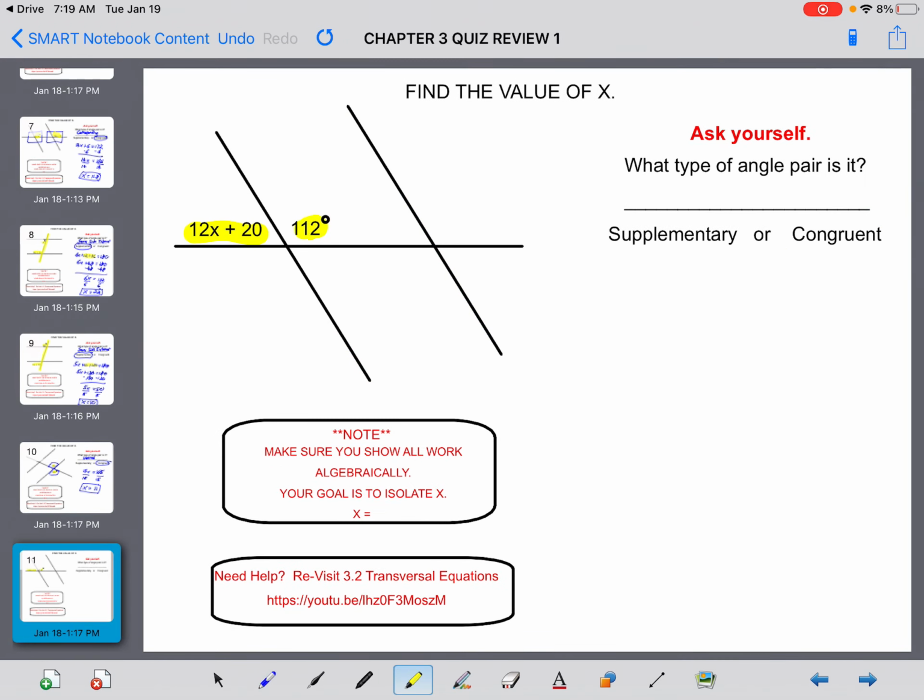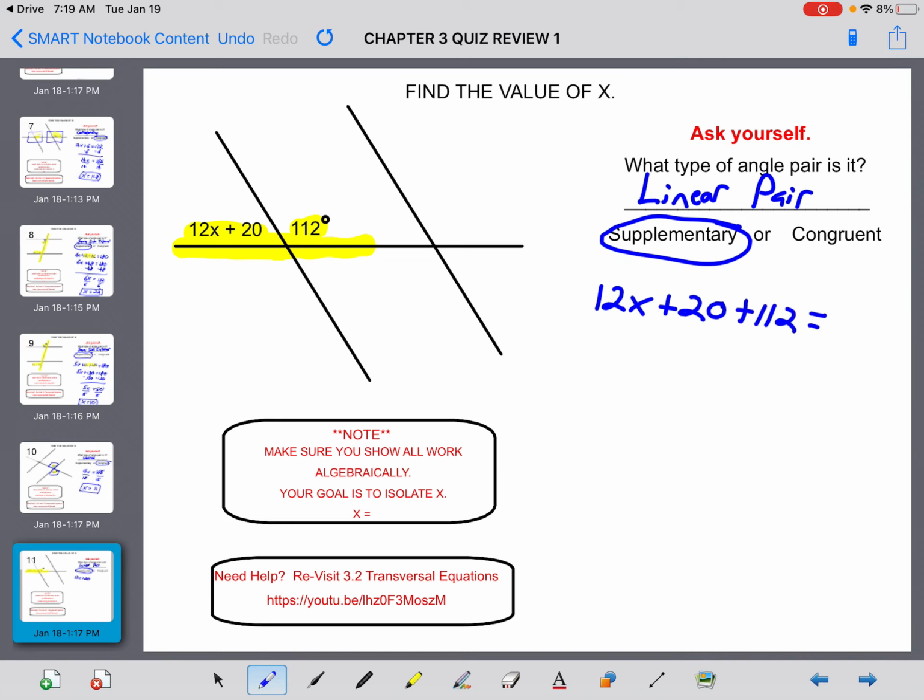And last, you have an exterior angle and an interior angle, and they create a straight line. This is a linear pair. Linear pairs are straight lines. They add up to 180 degrees. 12x plus 20 plus 112 equals 180. Combine your like terms. 112 plus 20 gives you 132.